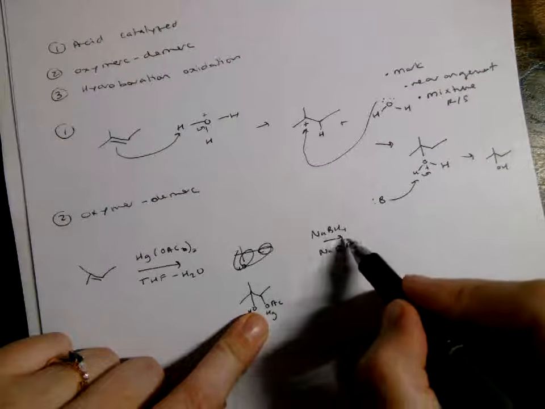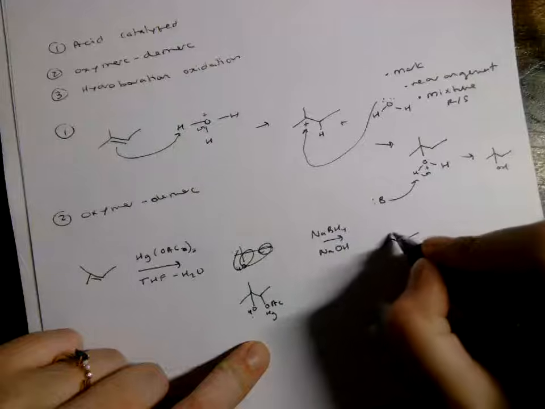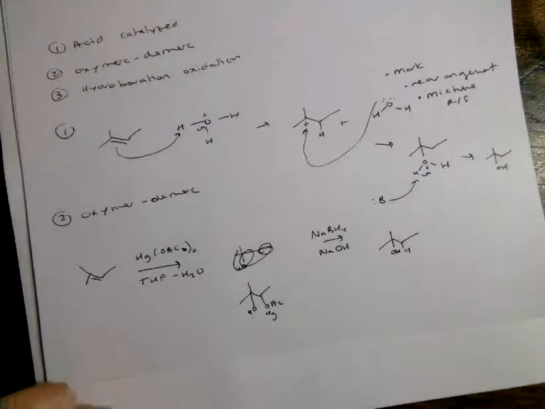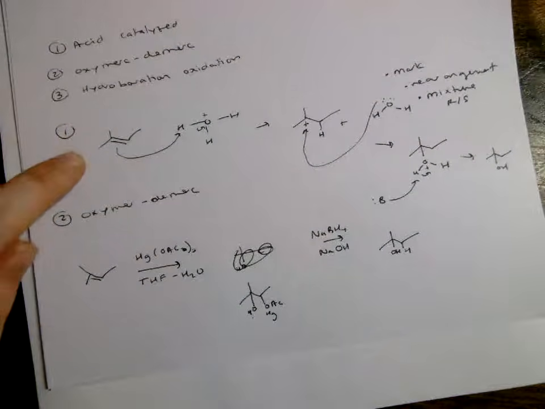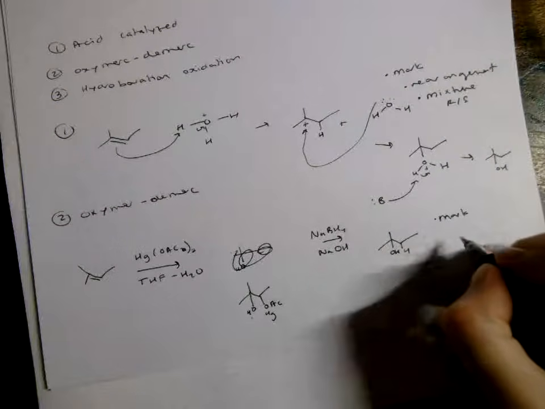Hg is mercury, and the demercuration is the NaBH4 and NaOH, and that's going to replace it to give you your hydrogen here. So it adds differently than your acid catalyzed, but it still gives you Markovnikov regiochemistry.